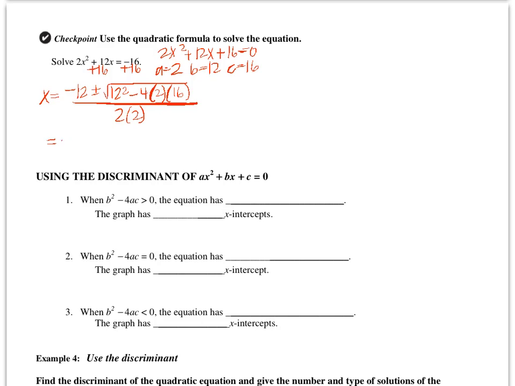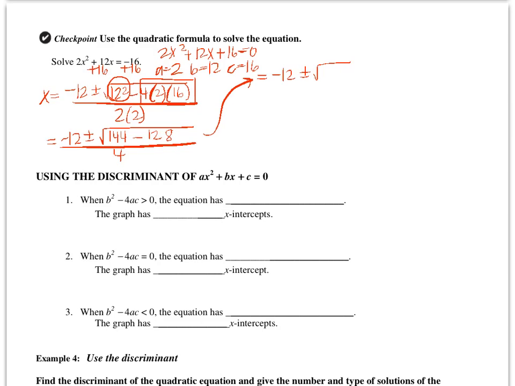Okay, so negative 12 plus or minus the square root of 12 squared is 144 minus 4 times 2 times 16 is 128, all divided by 4. So we'll simplify some more. Negative 12 plus or minus the square root of 16, all divided by 4.